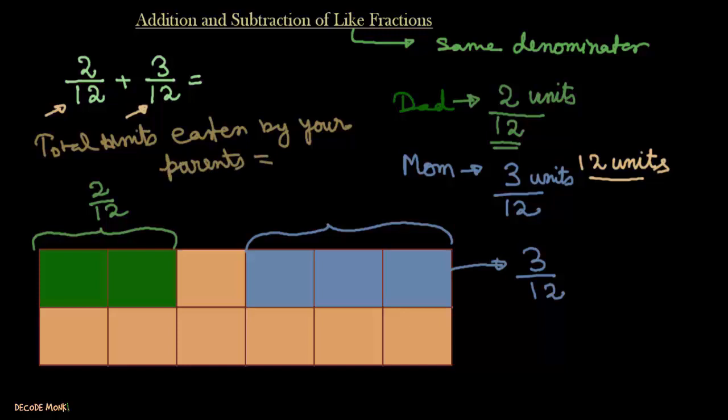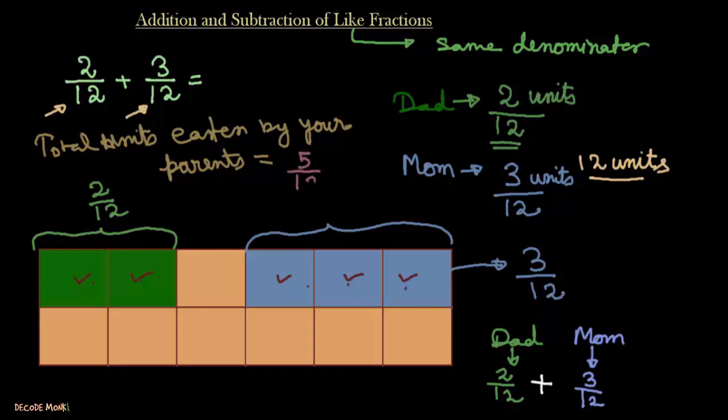That will be equal to the part eaten by your dad, 2 by 12, and the part you have gifted to your mom, 3 by 12, represented by blue color. You need to add both of them. Let us see that pictorially. 2 units for your dad and 3 units for your mom. In total it counts to 1, 2, 3, 4, 5. So the total consumed is 5 out of 12 parts.